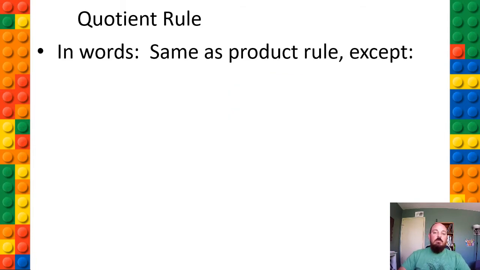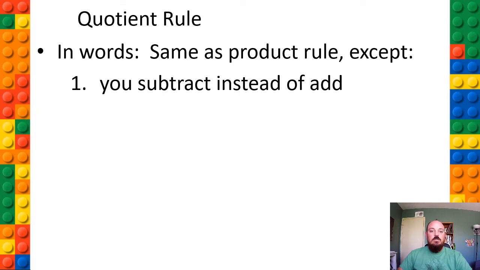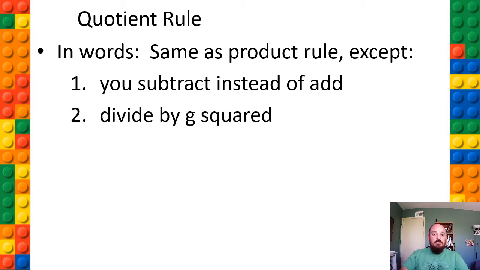So basically, when I'm remembering the quotient rule, I say, well, I already know the product rule. Let's just think about what's different. So the differences are, number one, there's a minus in the middle instead of a plus. Other than that, the top is exactly the same. The other major difference is it has a denominator, and that denominator is g squared, or the original denominator squared.